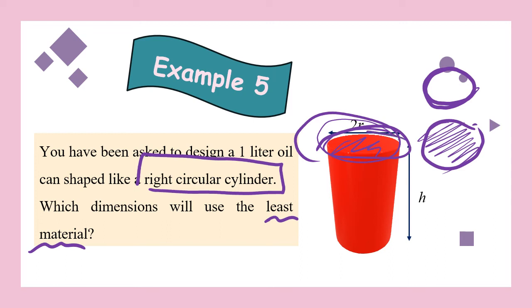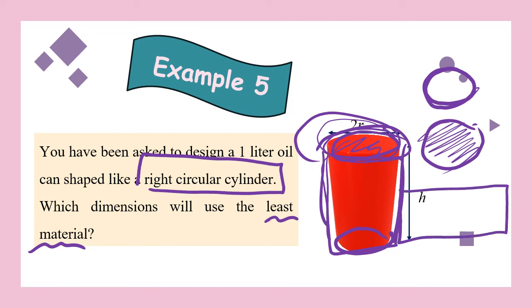So we have the top one and the bottom one, the circles, and then we have this body. If we open it, it will be not a square but a rectangle. So now we need to find the function or the problem we need to solve. We want to find the least material, meaning we want to find the smallest surface area we need to use to build the 1 liter oil can.